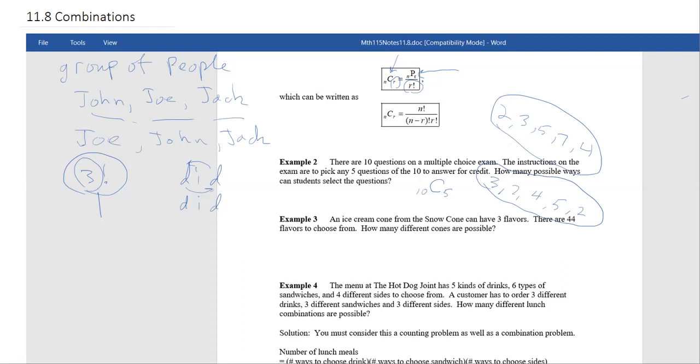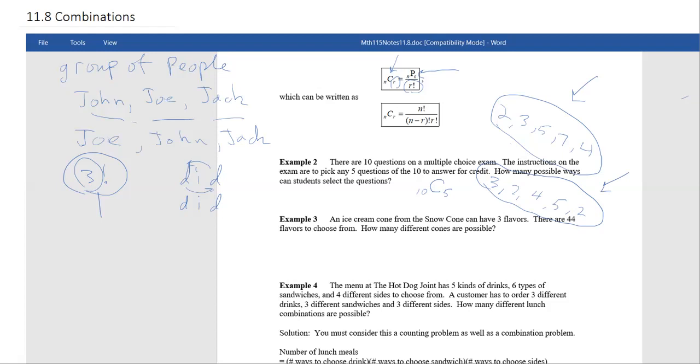So if we're going to do this counting, we have to consider that order does not matter, and that's why it's considered a combination. If order mattered, the order in which a person did the problems, then these would be permutations, and these would be different. But if order does not matter, these are the same. It's the same group of numbers. There's no order here in either one of these.